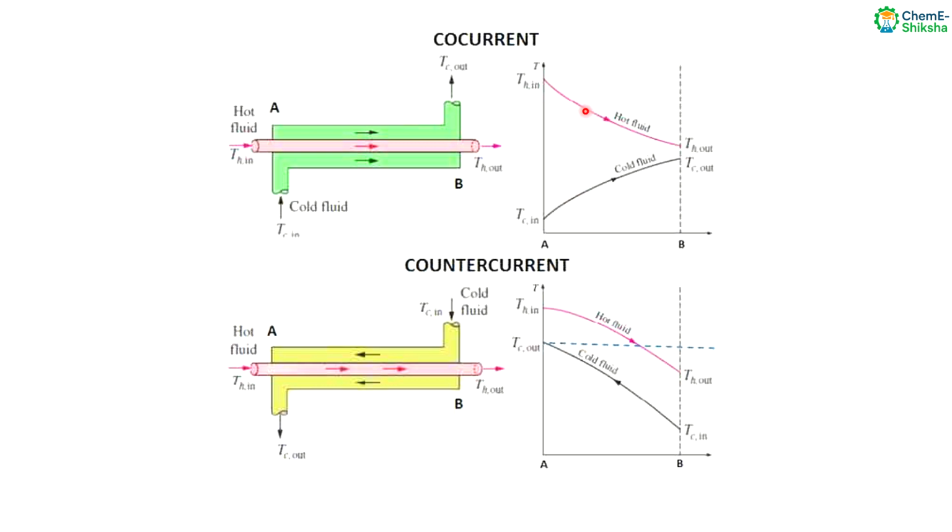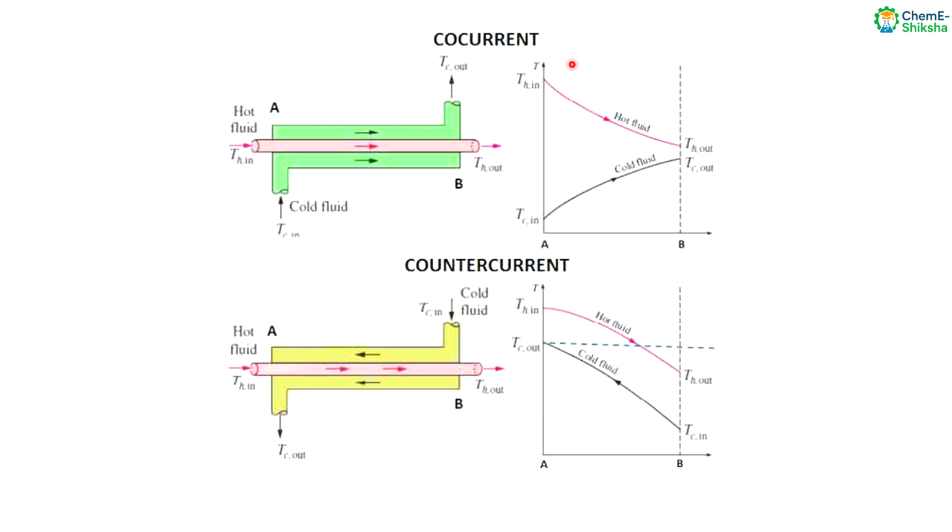But the main reason why counter current flow is more efficient than co-current flow is actually the driving force. One thing we can see from here is that it is possible for the cold fluid outlet temperature to cross the hot fluid outlet temperature in case of counter current flow.